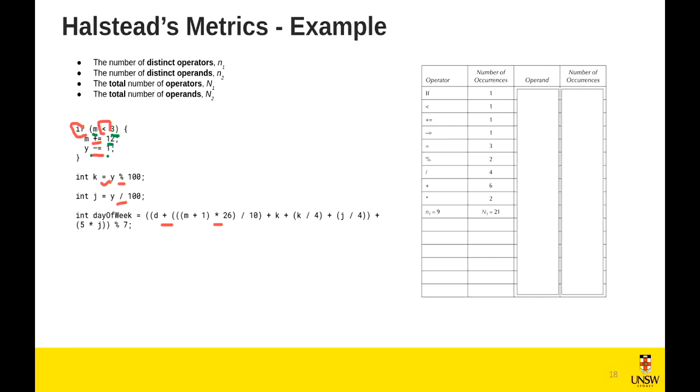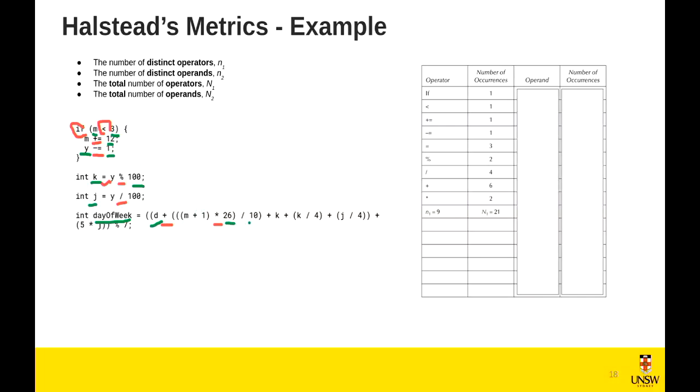The fourth one is Y. Fifth one is 1. And then we have K, 100, J, day of week. This is a variable, so we need to count it as an operand. And D is the next unique one. And 1, we have already encountered before, so we don't need to count it here again.